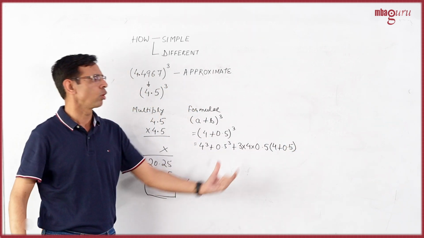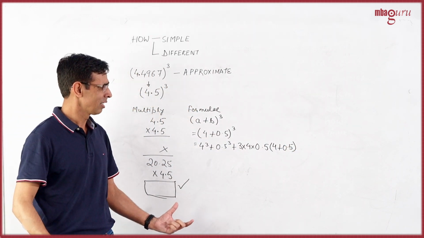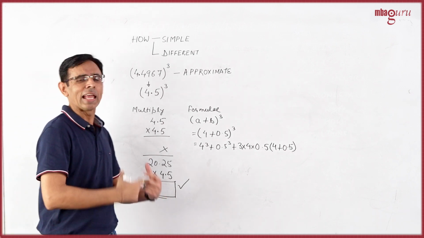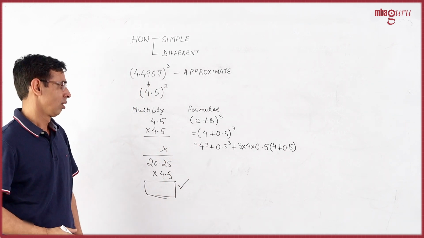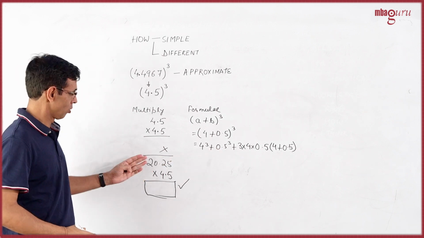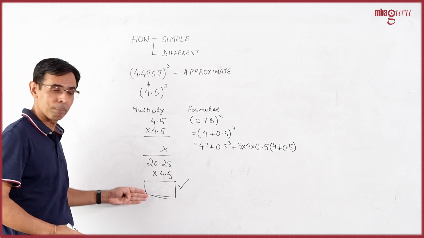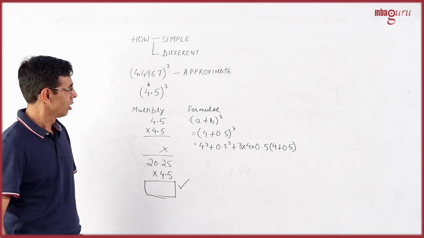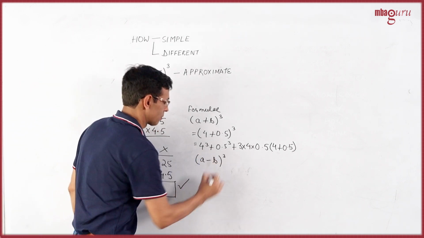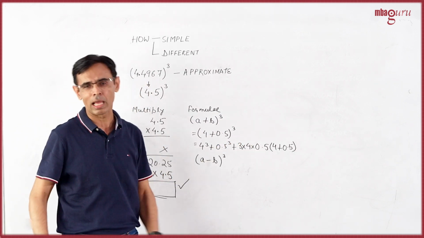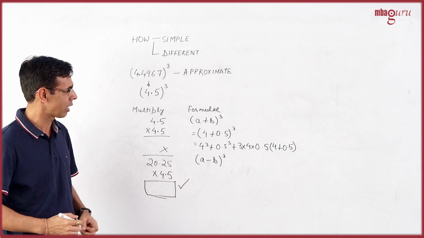Now that's another way to look at it. Again, it takes more time than you need to spend on such a calculation. It is not very time efficient as compared to this method either. You might be tempted to use a minus b cube also, but again, it will be similarly time consuming, so you're not saving much on time there either.